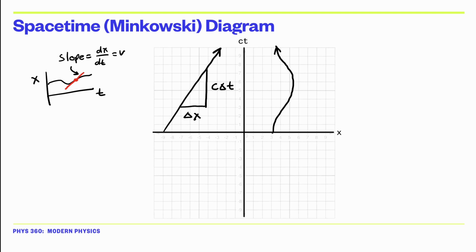So in this case, the slope is equal to c delta t over delta x, but delta t over delta x is just 1 over the velocity. In this lecture, we'll be using the quantity beta throughout to make things a little bit simpler. So we can also write this as 1 over beta, where again we've defined beta as the velocity over the speed of light.